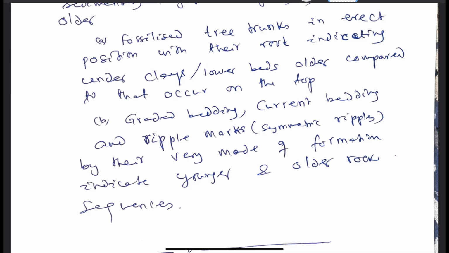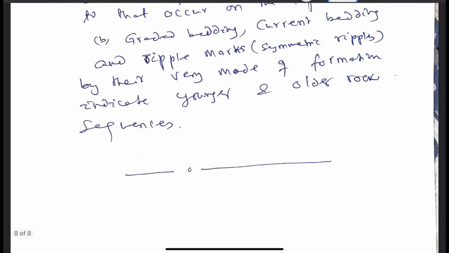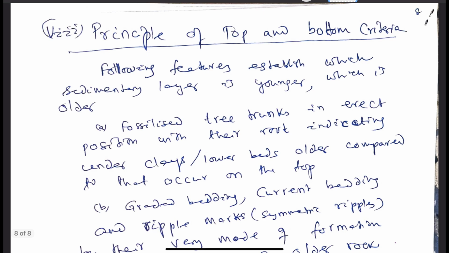All these features are taken together and the age of the beds is determined, and finally these rock beds are arranged in order of their age. This is the principle by which stratigraphy is built. So this is all about the principles of stratigraphy.